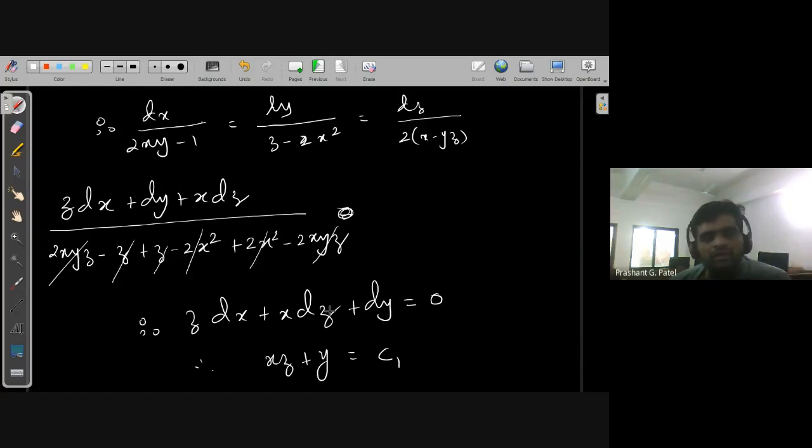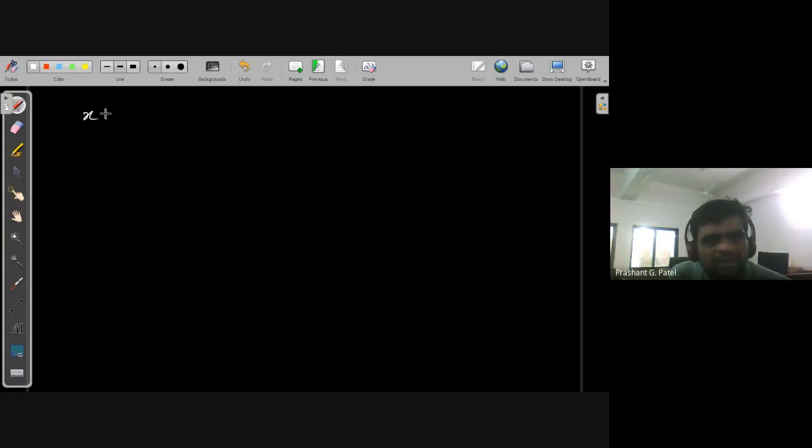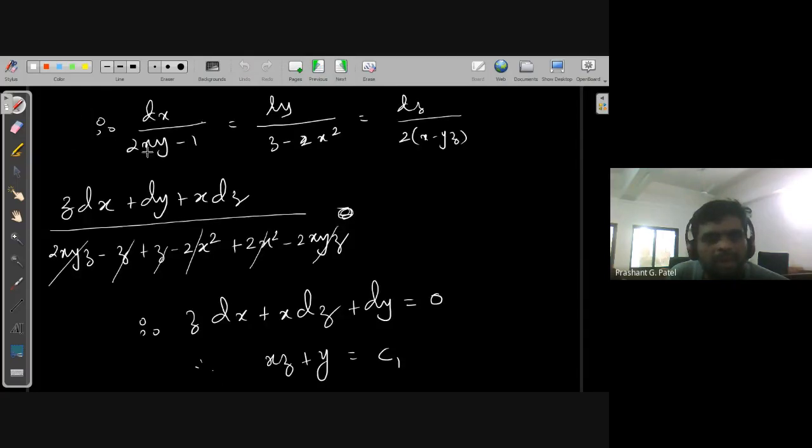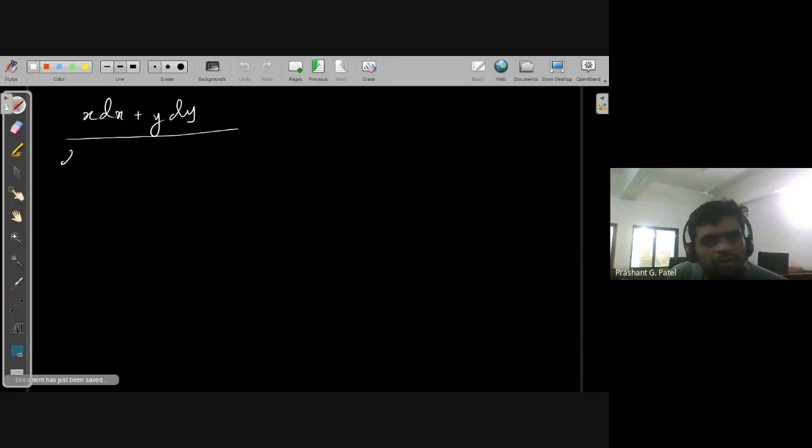Now to get another solution, I need to find out another one. This is the first one. To get the other one, you just multiply the first equation by x. So what we'll have is x dx plus y dy. Let me see what this is. If I multiply by x, this is 2x square y minus x.